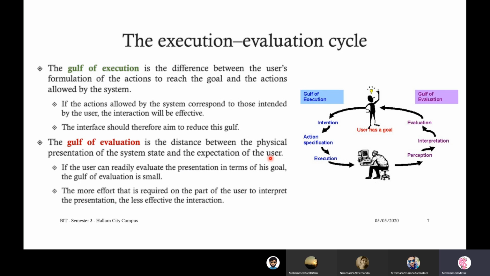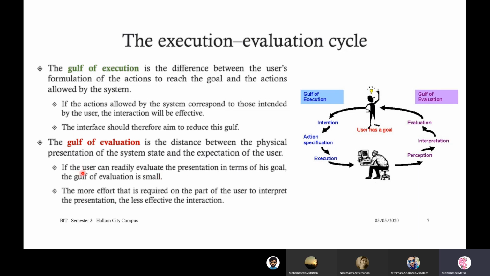Now, when the system is presenting something and it is not matching with the goal or the expectation of the user, then that gap is called gulf of evaluation. So, as you can understand, these two gaps, if they are very large, then it is not going to be a good system. I mean, it's not going to be a good experience.